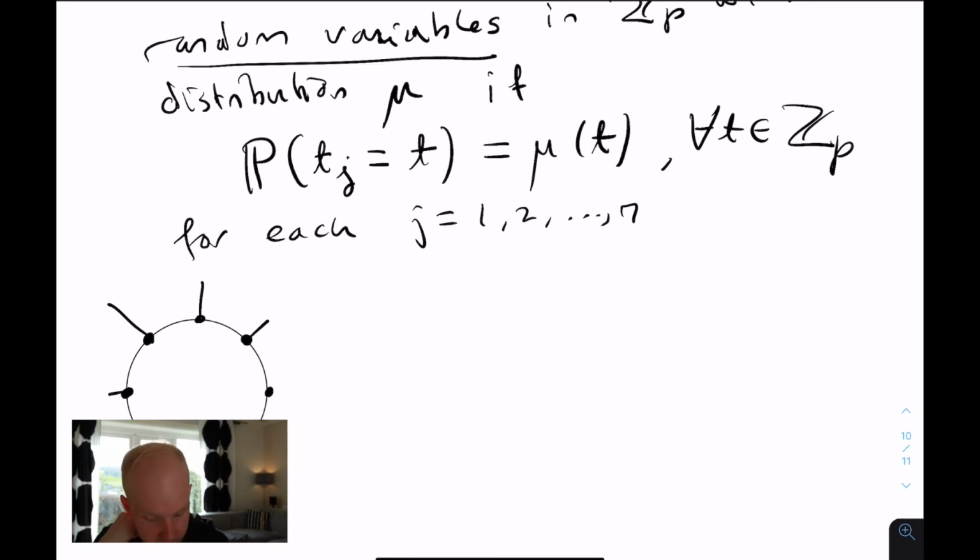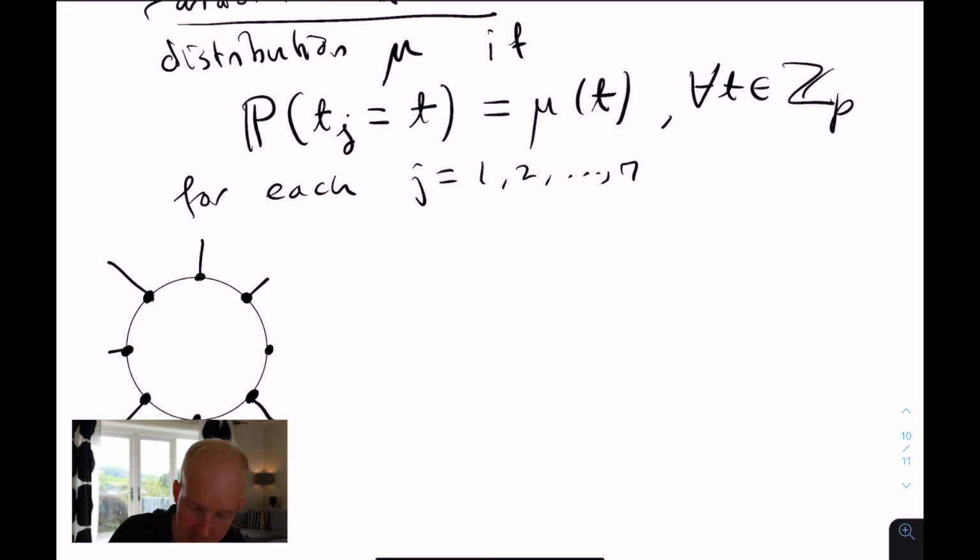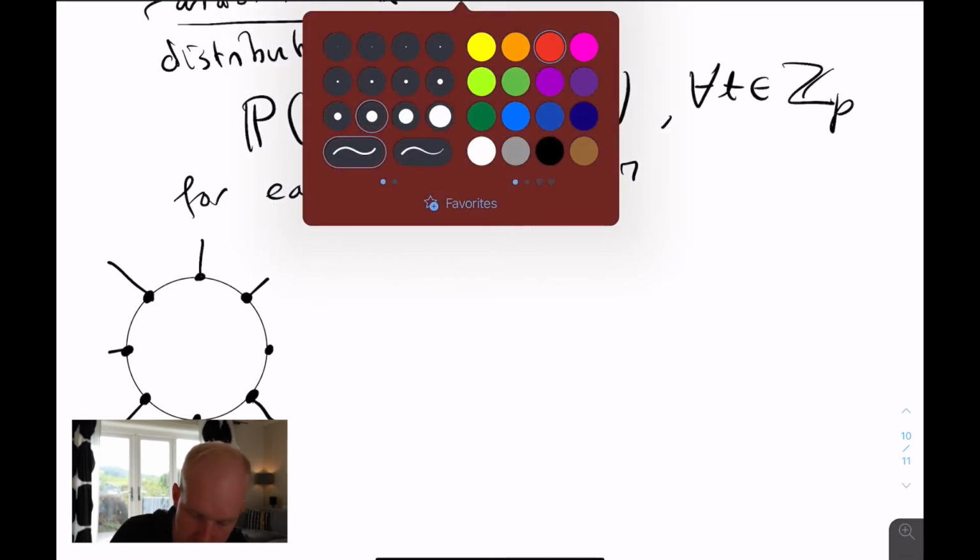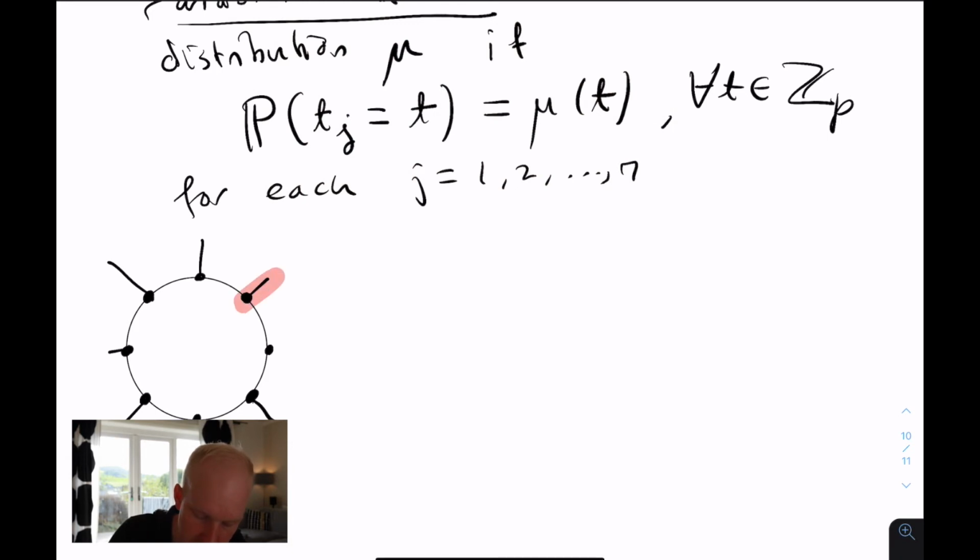Then what happens here is basically that every time you make a random choice, it's one of these numbers. Maybe the first time you landed on this one, and then the second time on that one, and the next time on the other one, and so on. So that's the choice of the random process, that it's maybe more likely to reach some of the points and less likely to reach others.